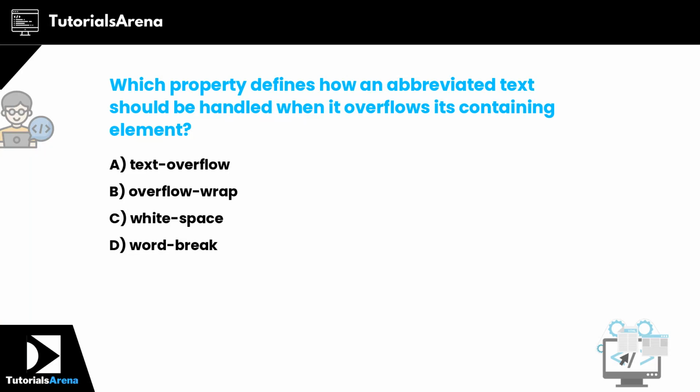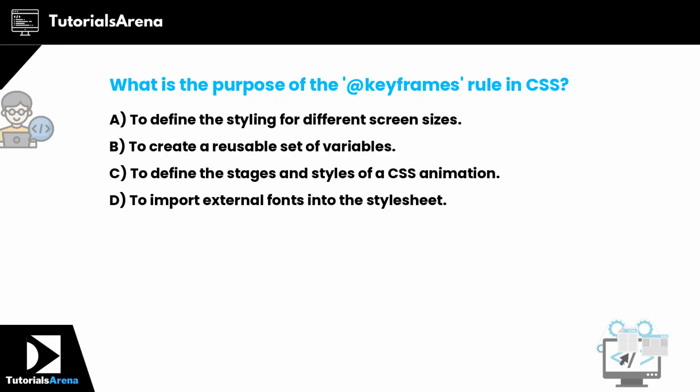Which property defines how abbreviated text should be handled when it overflows its containing element? The correct answer is option A, text-overflow. What is the purpose of the @keyframes rule in CSS?